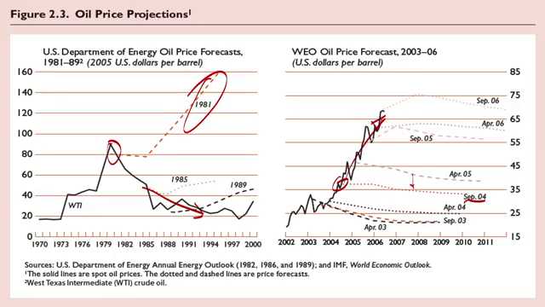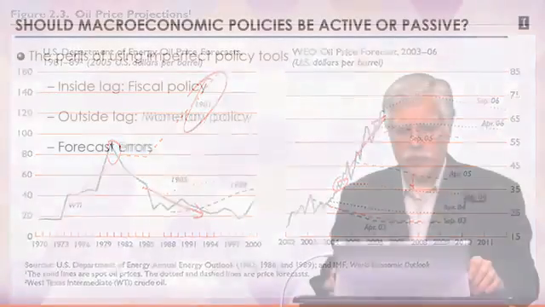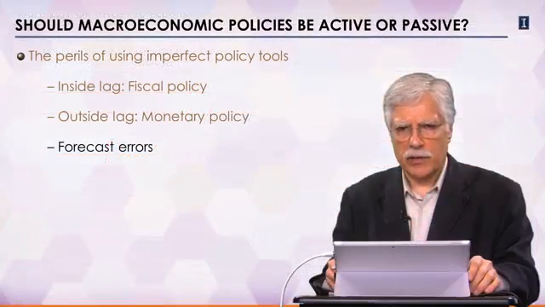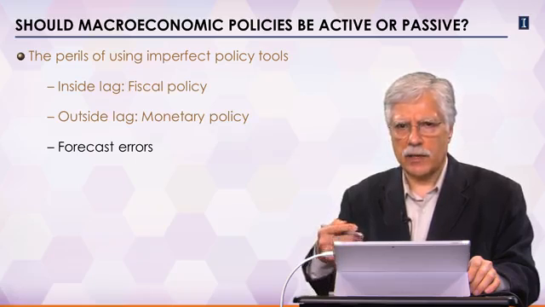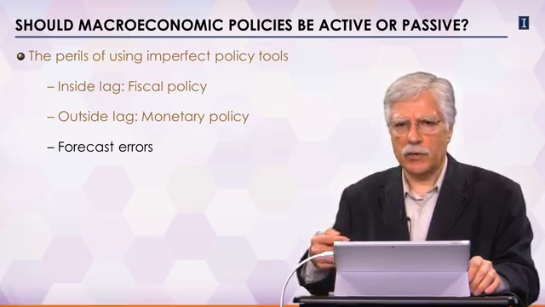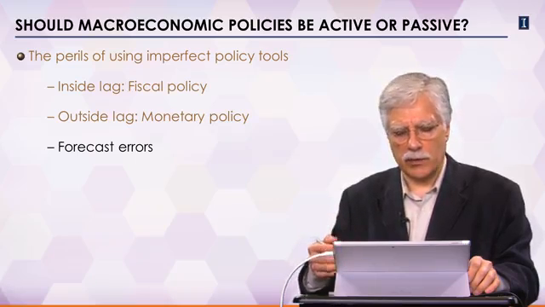The price kept rising for years. So there are huge forecast errors, and as a result, it's very difficult to make policies that can stabilize the economy on a year-to-year basis. Of course, if the shock is very large and long-term, there may be something that one can and should do, but we're going to come back to that later on.